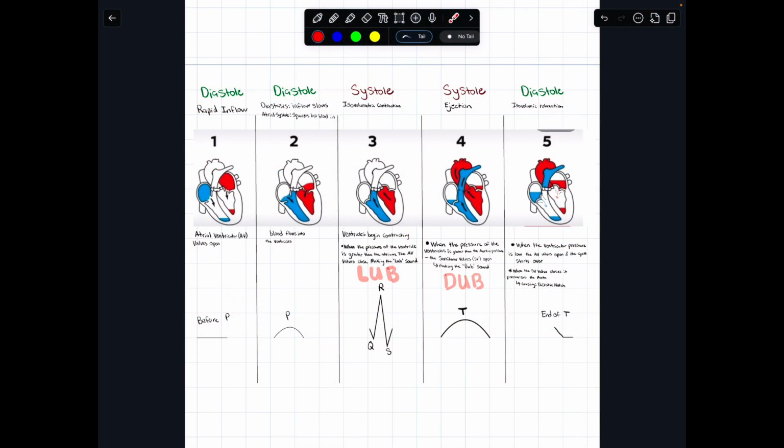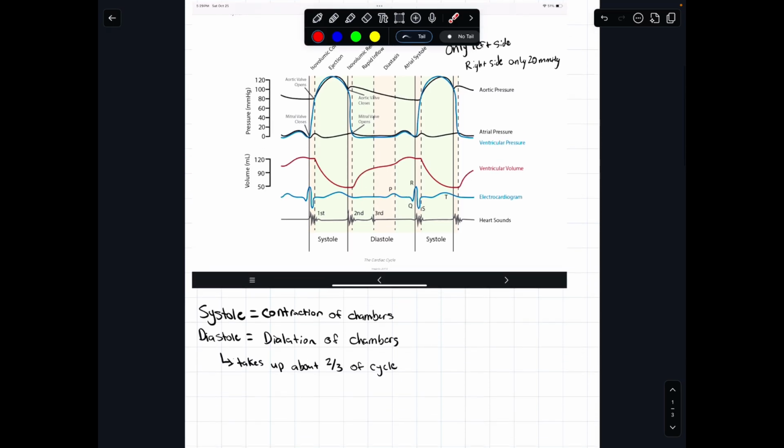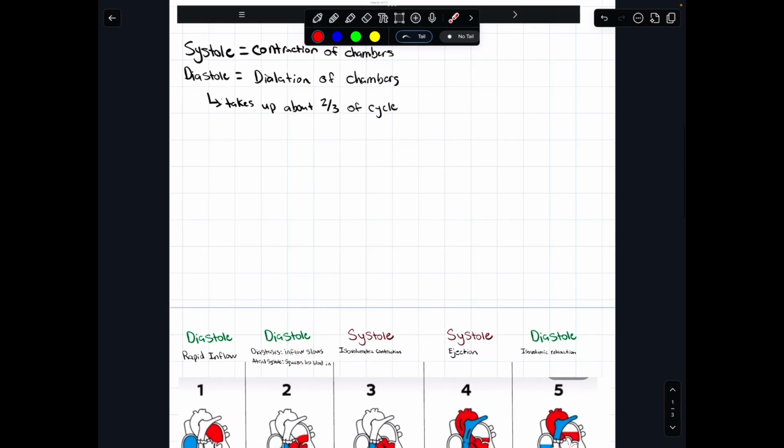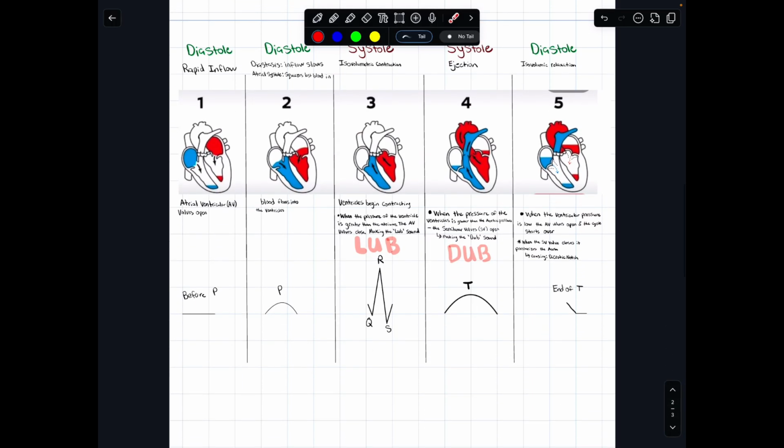We're gonna go over the cardiac cycle. I'm gonna do this on my iPad because I don't want to draw out all these little things to show you. To me, this is an easier way to look at it than the graph they give you. Before I explain that to you, I'll explain this. Systole means contraction. Diastole means dilation.